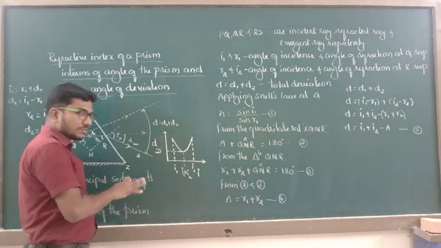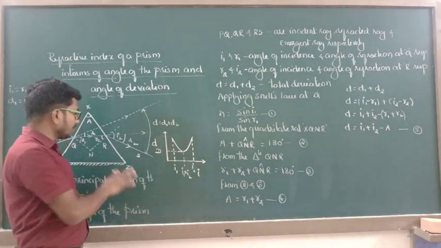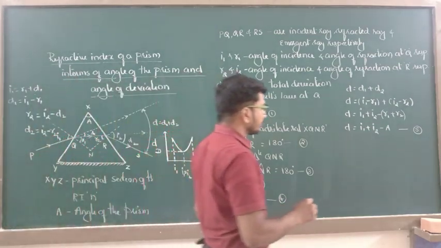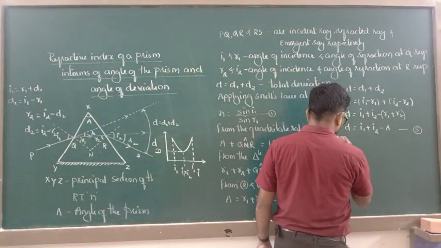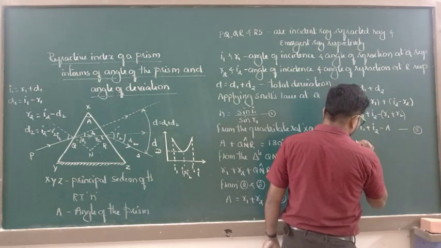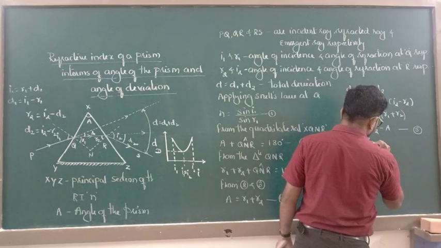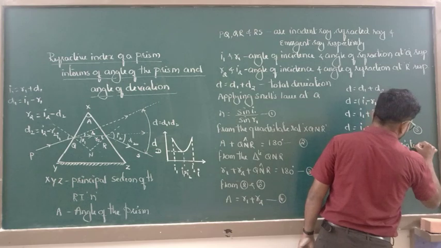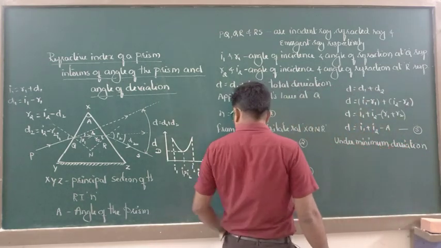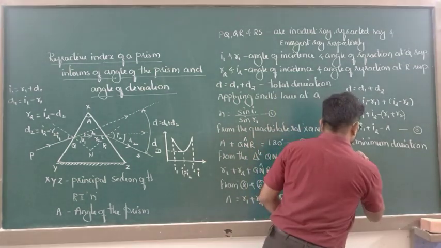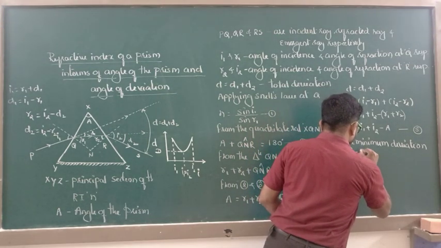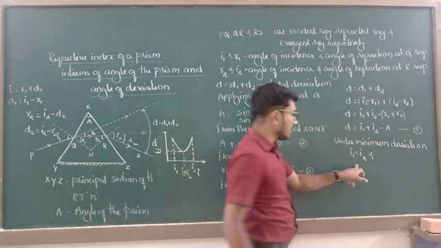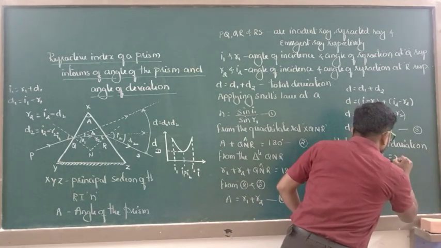So while deriving this equation, you should plot this graph also along with this ray diagram. Therefore, under minimum deviation, I1 is equal to I2 and R1 is also equal to R2.